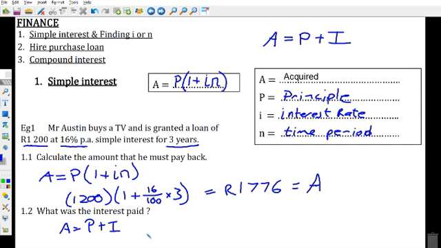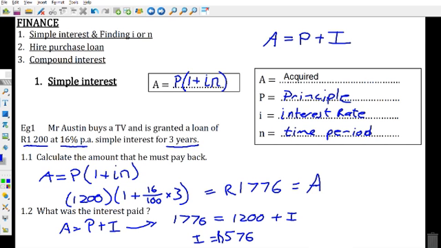So we have here, I'm going to space it over here. 1776 is equal to 1200 plus I. So that's just simple, and we can say I is therefore equal to what? 1776 minus 1200 there. 576 rand.